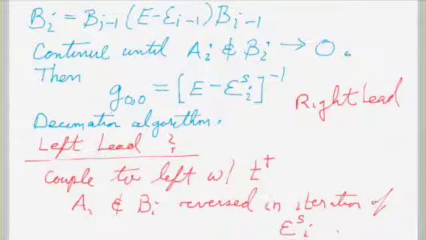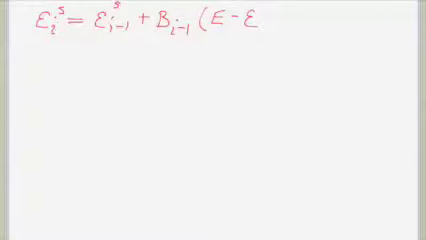So for the left lead, we have epsilon_I^S equal to epsilon_(I-1)^S plus B_(I-1) times (E minus epsilon_(I-1))^-1 times A_(I-1).